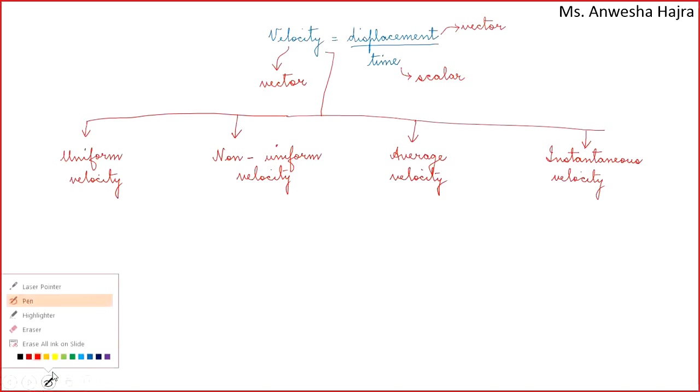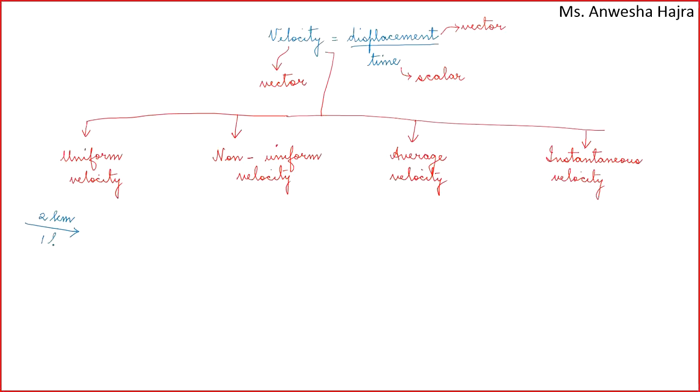Now, as direction is very important here, when we talk about velocity, for uniform velocity you cannot change the direction. If you are moving 2 kilometers in 1 hour, then you cannot change the direction. It is 2 kilometers in 1 hour again.